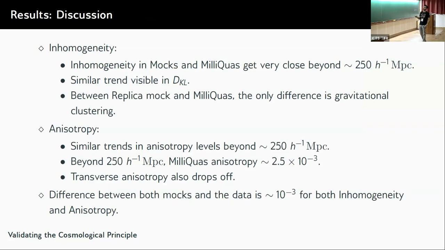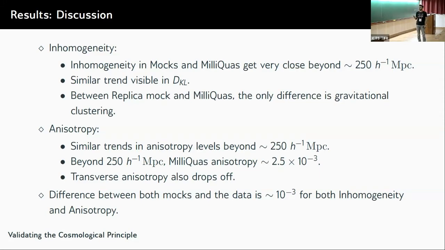So summarizing, we see the inhomogeneity in the mock and Millikas data get very close beyond 250 megaparsecs. A similar trend is visible in the KL divergences. Since these mock catalogs are randomly generated, and are not lambda CDM simulations, the only difference would be gravitational clustering.